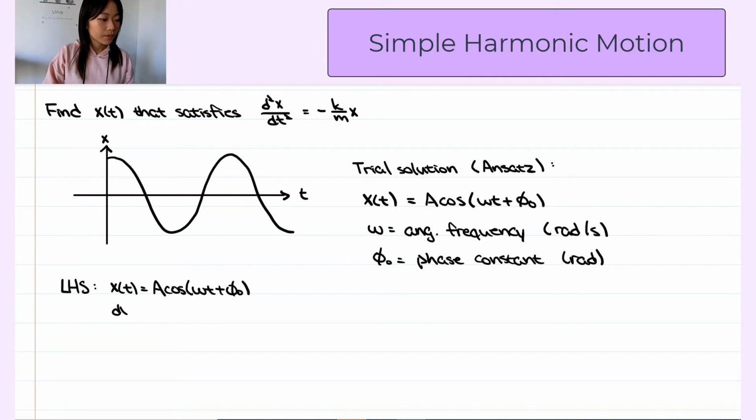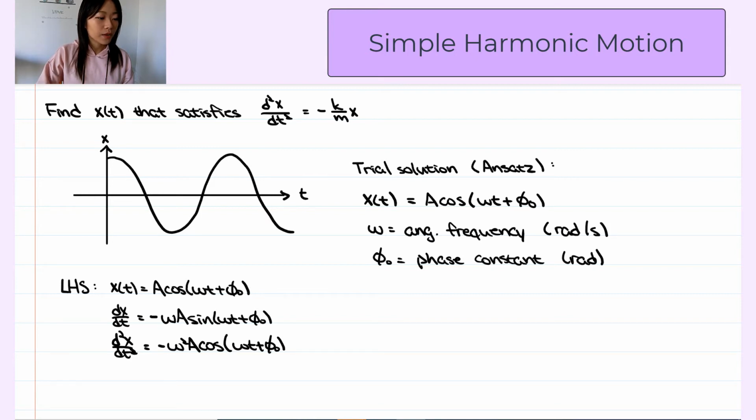Its derivative would be negative omega times A times sine of omega t plus phi naught. And its second derivative, which is the derivative of the first derivative, would be negative omega squared, because we use the chain rule. The inner function is omega t plus phi naught, so its derivative is omega. Then times the derivative of sine, which is cosine. So cosine of omega t plus phi naught.